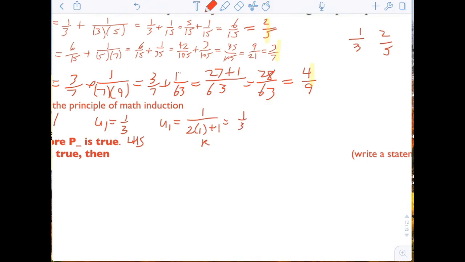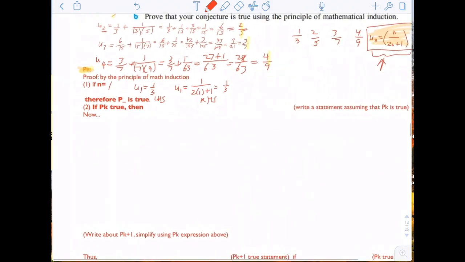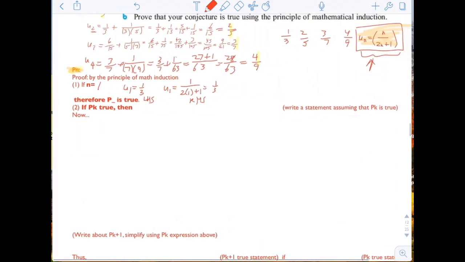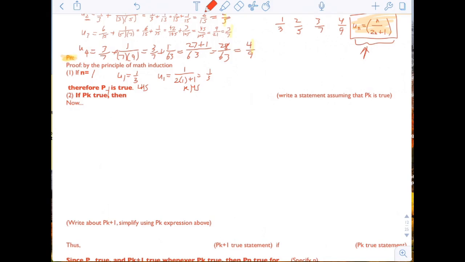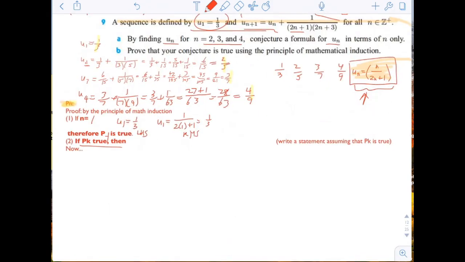So we've shown that p subscript 1 is true. Now we're going to assume that p of k is true, which is just substituting k for n: u subscript k is equal to k divided by 2k plus 1.